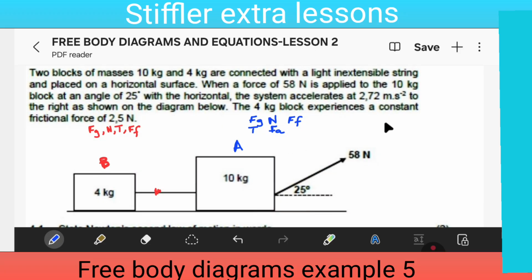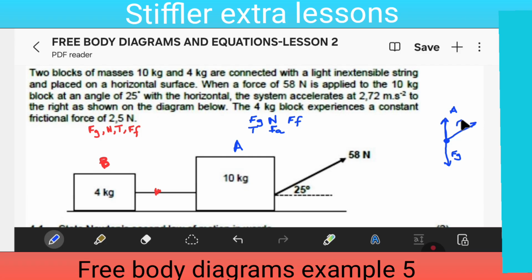Let's take a look at object A there. We're having 5 forces, so we can just draw our body like that. We represent it with a dot. This is our normal force to start with, and we're having gravitational force, which is always straight downwards, and we are going to have the force applied at an angle.